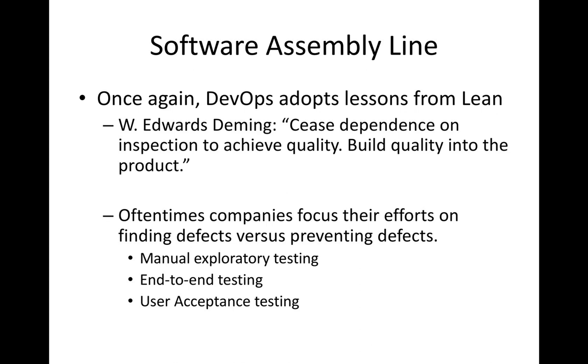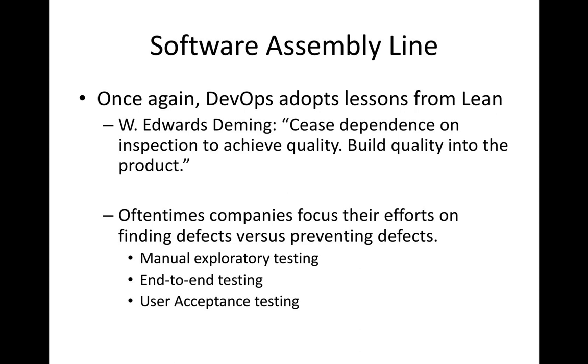And what we've found in the software development world is that oftentimes companies that are building software products are focusing their time and effort on trying to find defects after the code is written versus preventing the addition of defects into the code while it's being created.